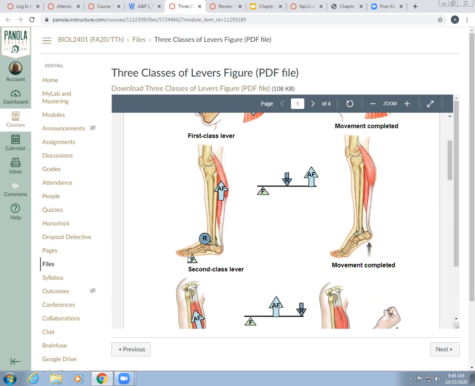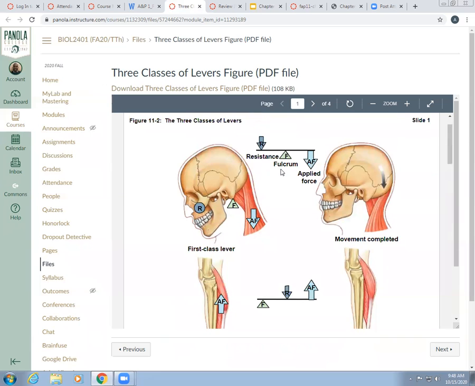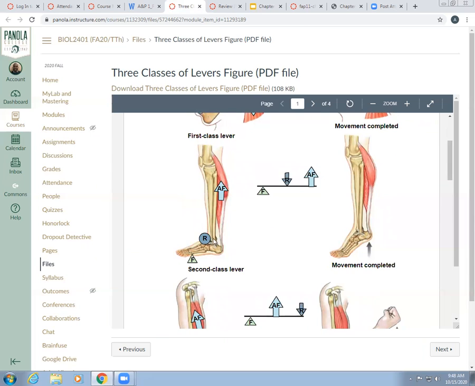Your fulcrum is at the ball of your foot, okay? Resistance is at the base of your foot, pulling your body down, okay? So resistance is in the middle. All right, so that's a second class lever. So if the fulcrum's in the middle, it's a first class lever, F, F. All right, if the resistance is in the middle, it's a second class lever.